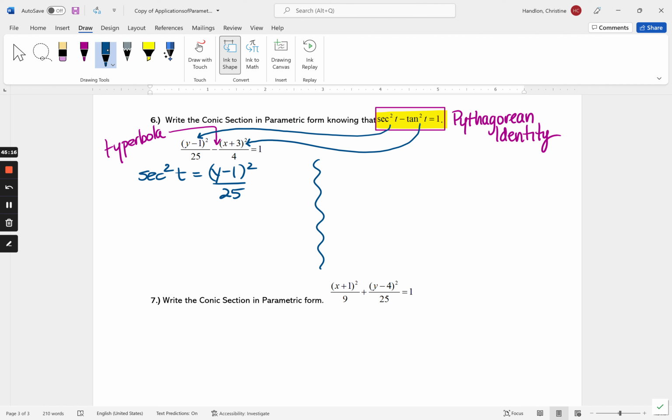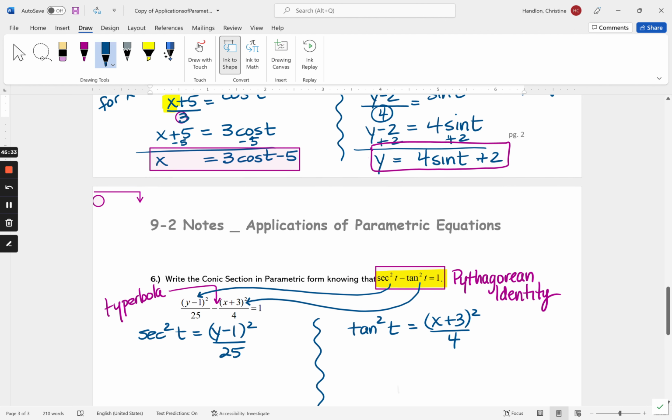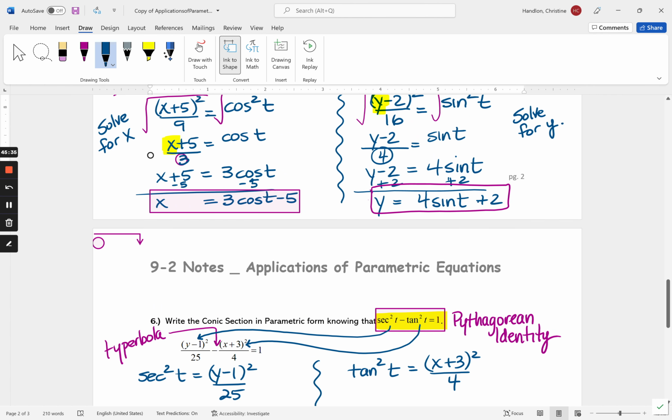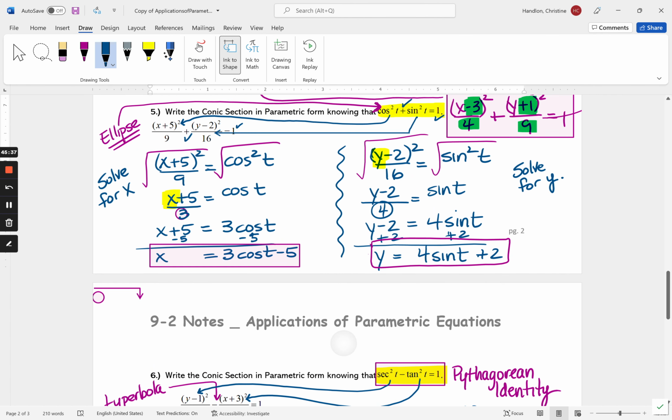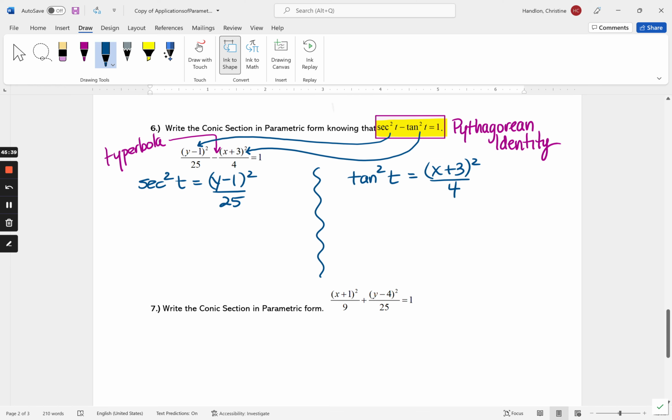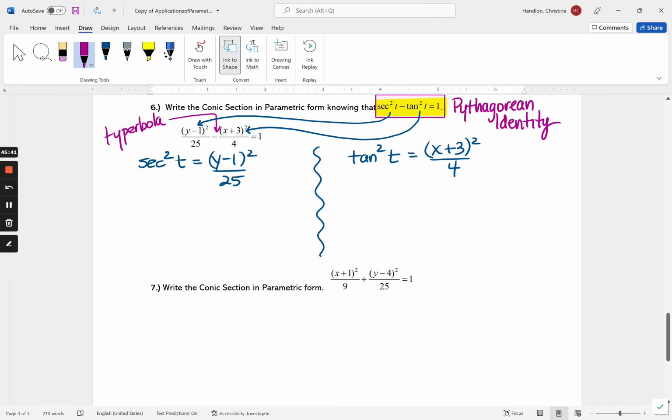And the other one is tan squared t equals x plus 3 squared over 4. Just in case you're wondering, I purposely rewrote them flip-flopped from the previous one just to prove to you that it doesn't matter which one you write first. I flipped these around, but the process is still going to be the same.